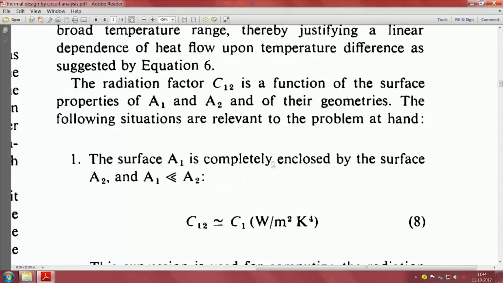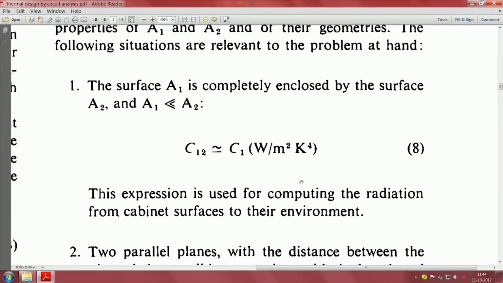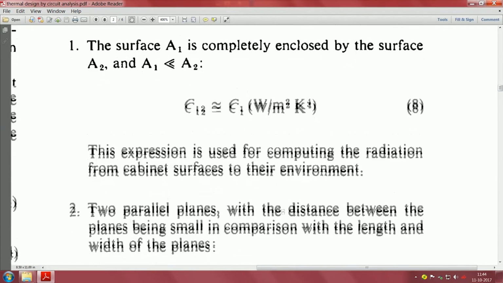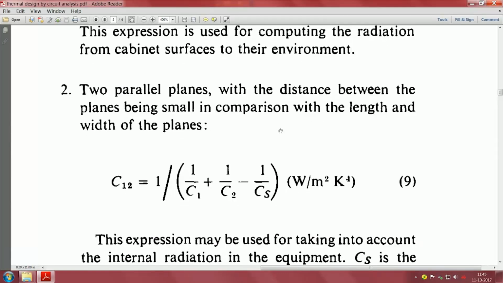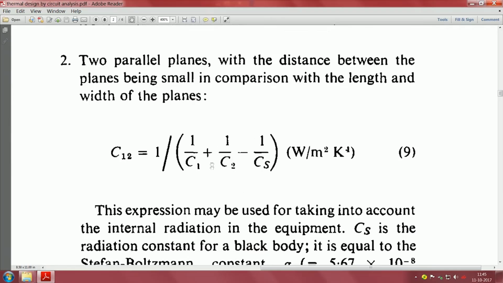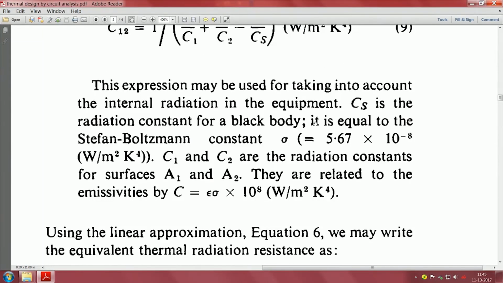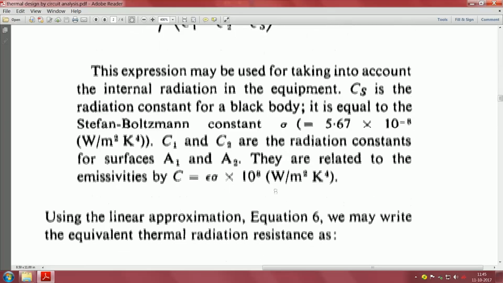The following situations are relevant: completely enclosed by the surface, it is approximately equal to this. Computing radiation from cabinet surfaces to their environment, two parallel planes with the distance between the planes small in comparison with the length and width of the plates, may be used for taking into account internal radiation in the equipment. C is the radiation constant for a black body, equal to the Stefan-Boltzmann constant, and C1 and C2 are constants for surfaces, related to the emissivities and so on.